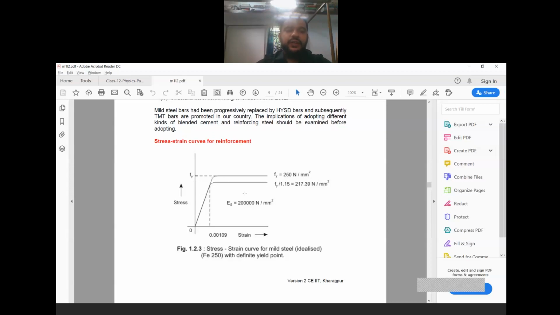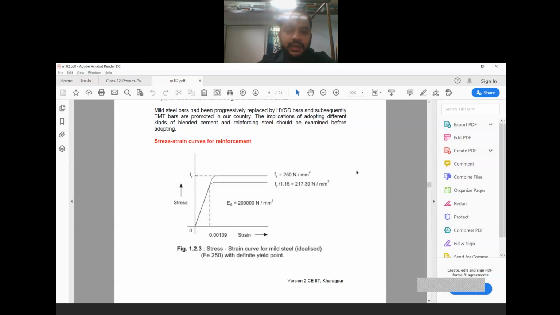So if anyone asks you what yield stress is, you have to say: yield stress is the stress at which permanent deformation starts, permanent deformation of steel or any metal.